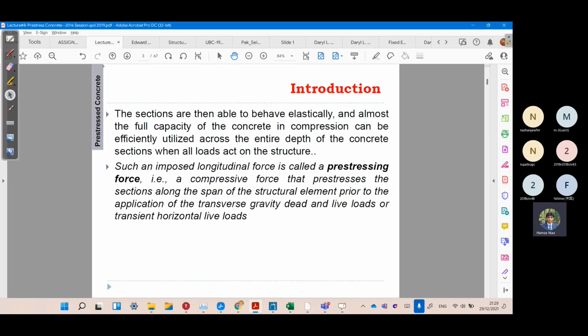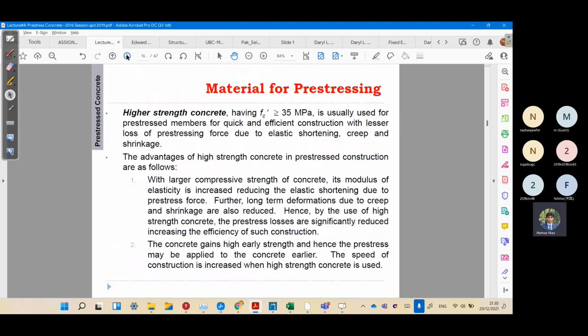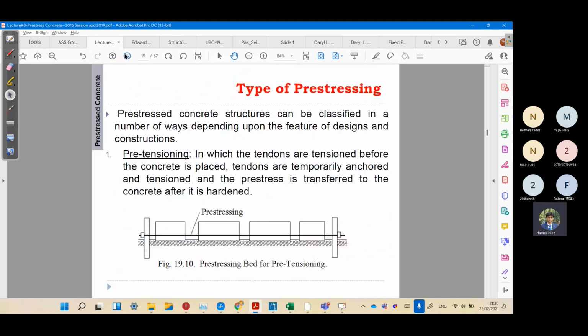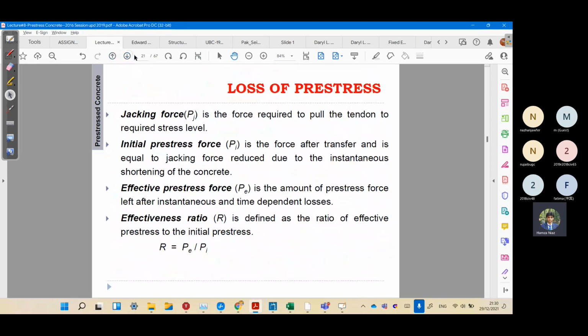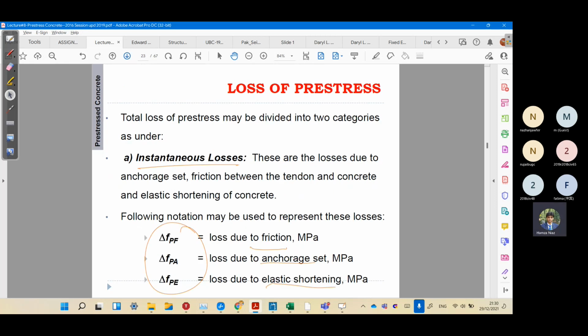So what are the types of losses? This came last time. Numerical wasn't asked last time, but this theory part was asked: what are the types of losses in pre-stress? So these are instantaneous losses and time-dependent losses.